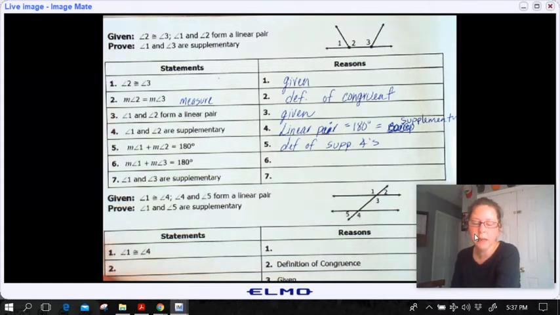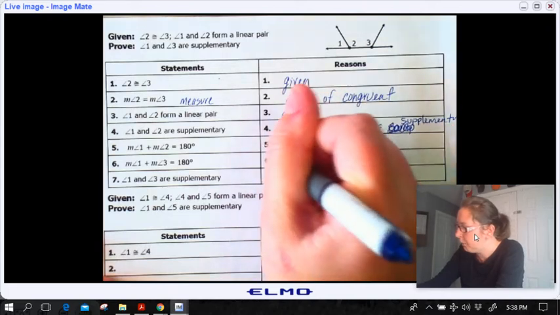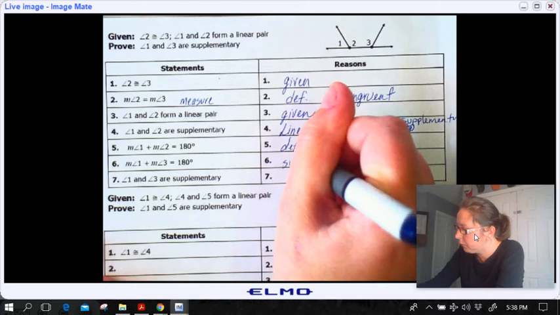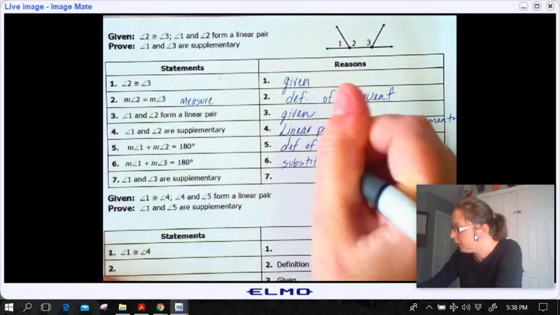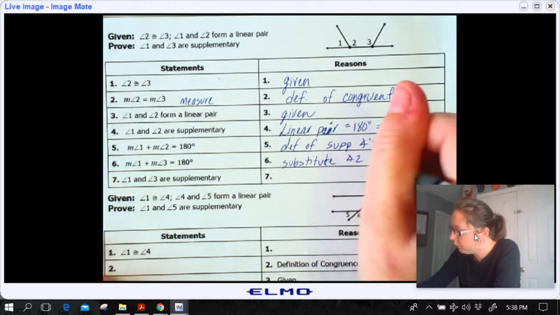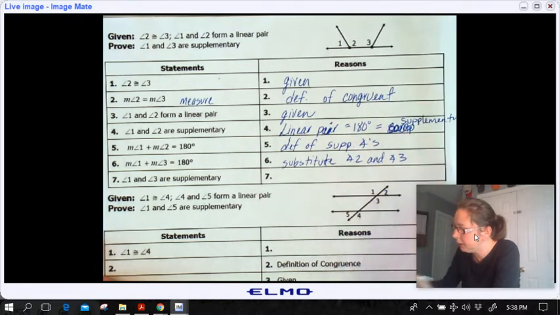You could do either substitution with the angle, or you could say that is another version of the transitive property. Okay. In this case, let's say I'm going to substitute angle 2 in for angle 3.